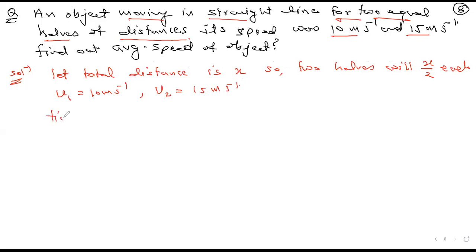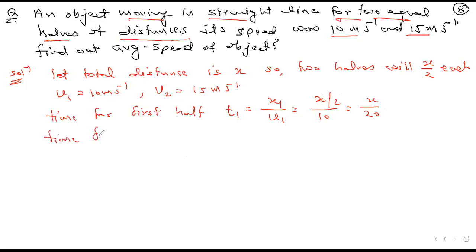Time for first half: T1 equal to x1 upon v1. So this is x upon 2, v1 is 10. This is x upon 20. Am I clear?